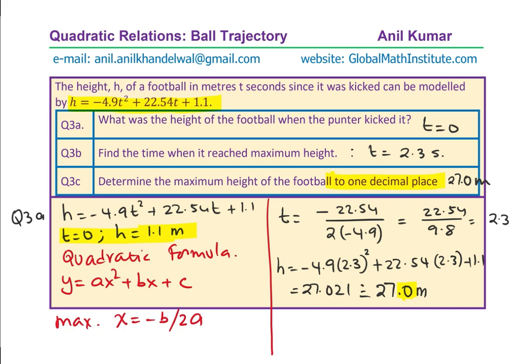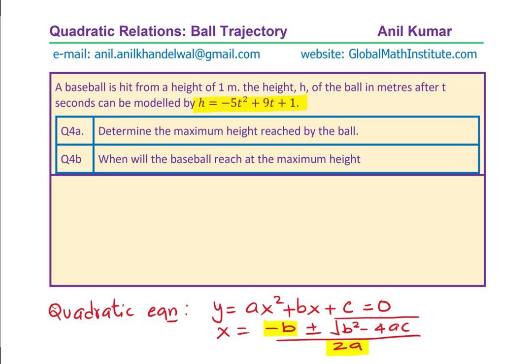Perfect. Now, let's look into the last question here, which is, a baseball is hit from the height of 1 meters, and therefore you can relate the 1 meter in the equation itself. If t is 0, we have 1 meter, right? Let me highlight once again. Hit from the height of 1 meters, and therefore you have this plus 1.